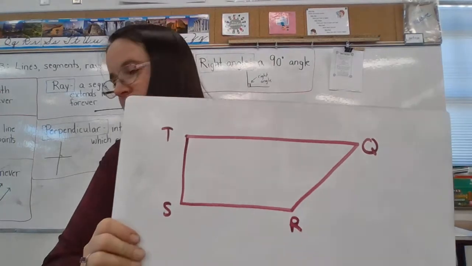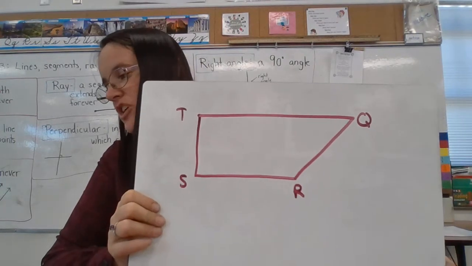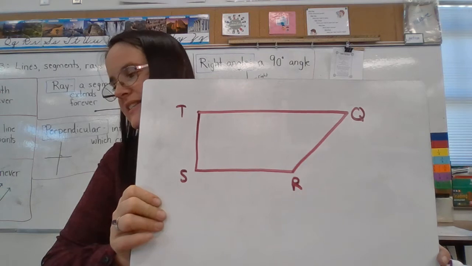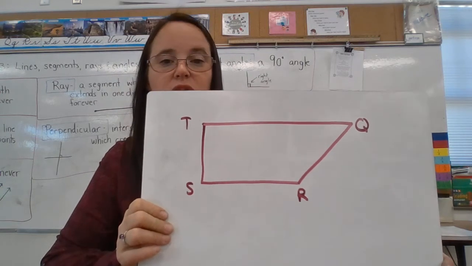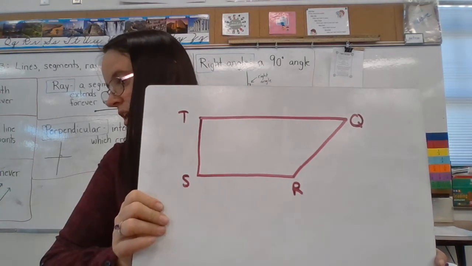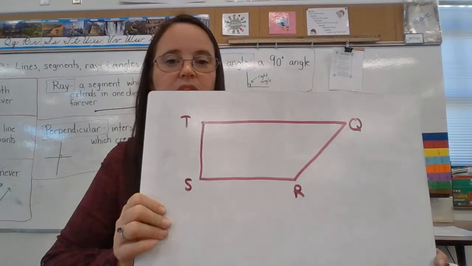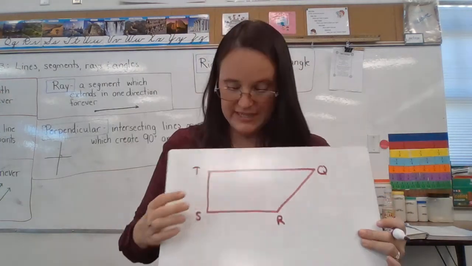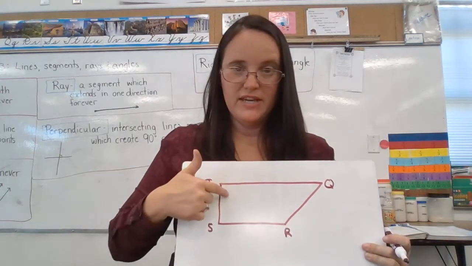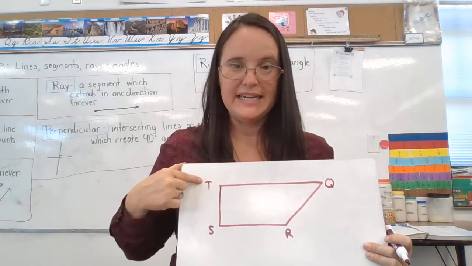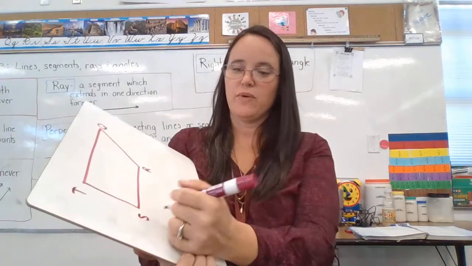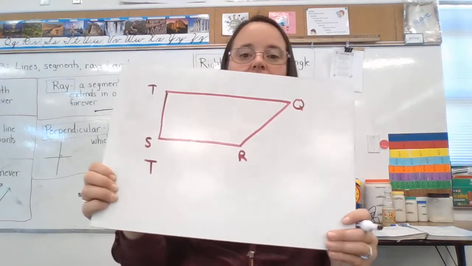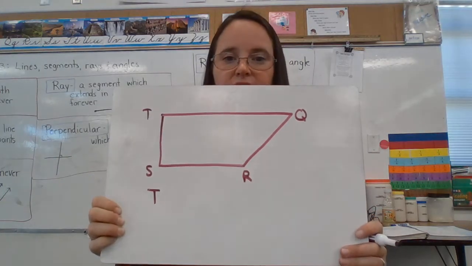So then this question says, identify each of the 4 angles in this figure as acute, right, or obtuse. So what they want you to do is each angle is labeled. This angle here is going to be angle T. So they would want you to write T, and what is T? What kind of angle is that?